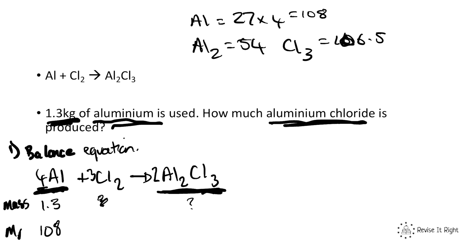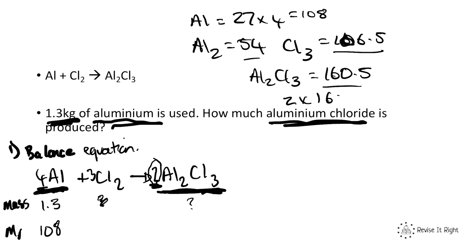However, to find 1 aluminium chloride, we need to add 54 and 106.5 together, which gives you 160.5. However, there are 2 lots of aluminium chloride, so we do need to times that number by 2. Okay, so 160.5 times 2, and you get 321. So the MR of 2 aluminium chloride is 321.